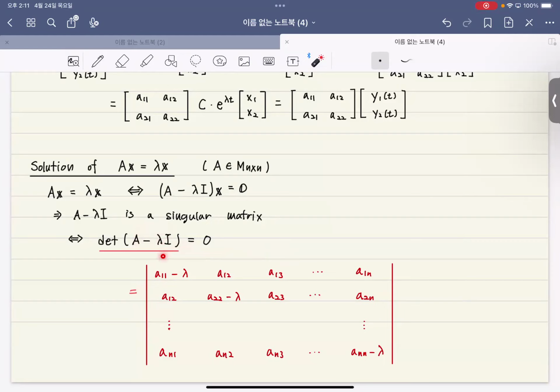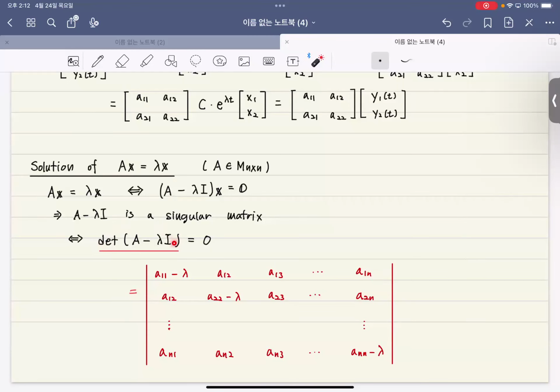Can you identify the degree of this polynomial? This is an n by n matrix, and lambda appears on the diagonal entries of this matrix. To compute the determinant, for every row and every column, exactly one entry has to be chosen.